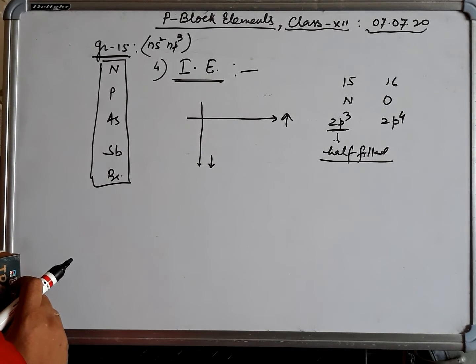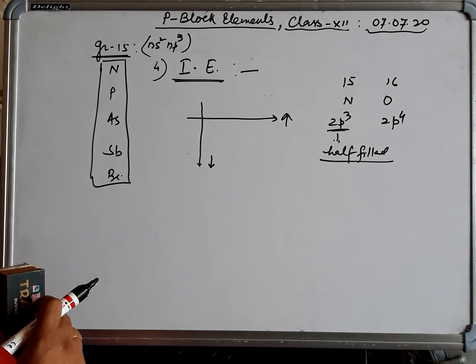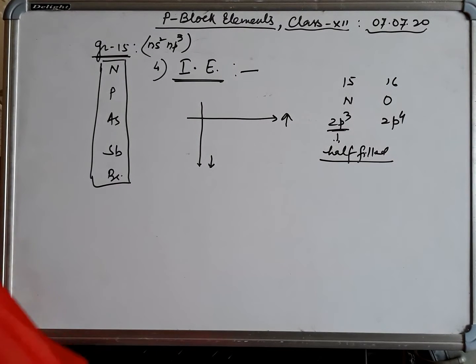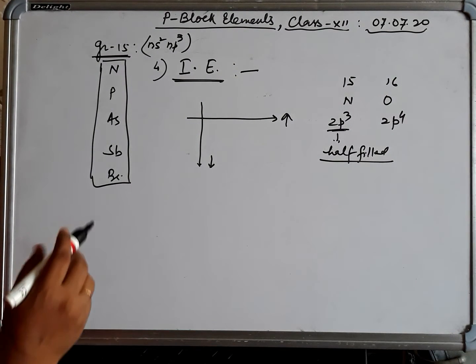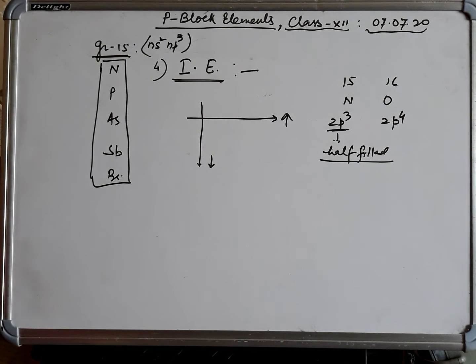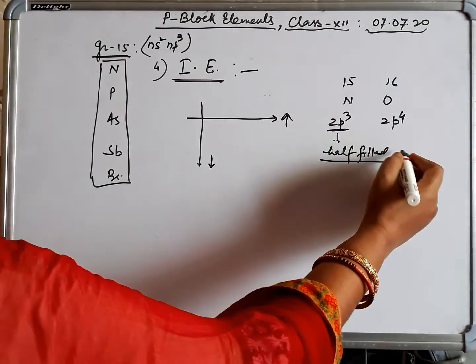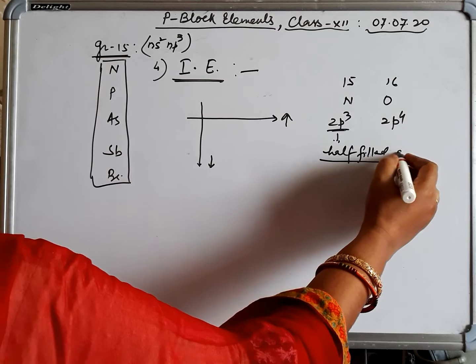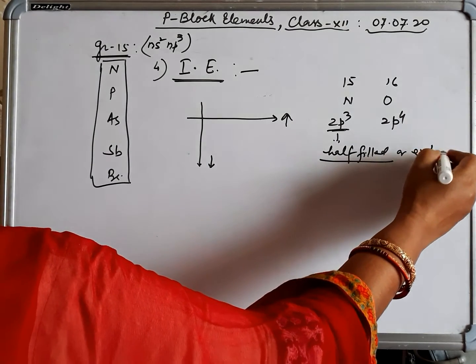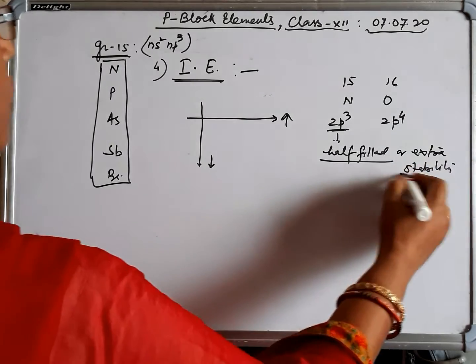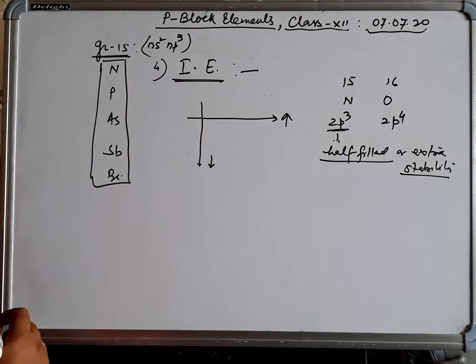We can say that the ionization enthalpy of group 15 is more than group 16, due to the half-filled extra stability.